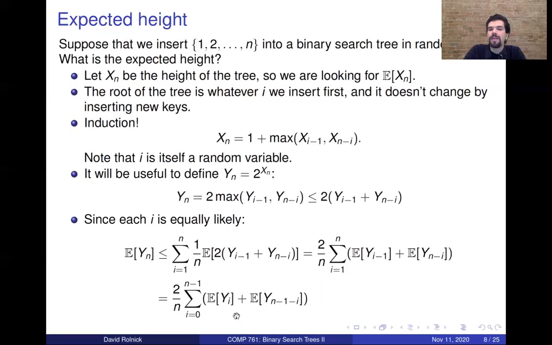Is there any way to simplify this so we don't have to immediately use Jensen's inequality? Notice I got from here to here just by changing like I to I minus 1. It was just a substitution. Somebody suggested symmetry. What would you do with symmetry?